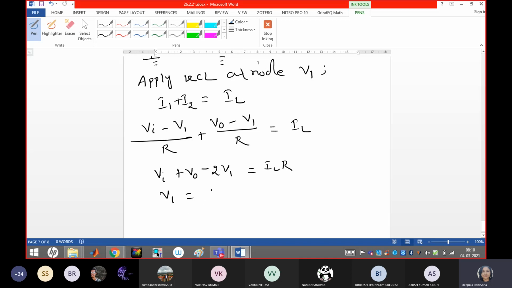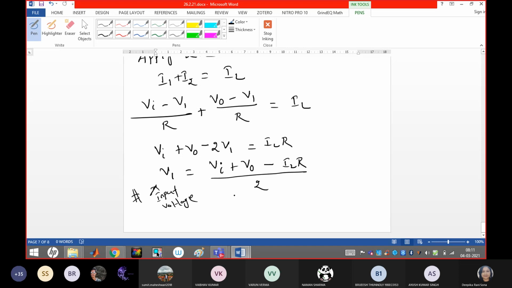So we can write the equation: V1 equals Vi plus V naught minus IL R, whole divided by 2. You can make a note that V1 is the input voltage in your copy to understand it later. Up to this you got?